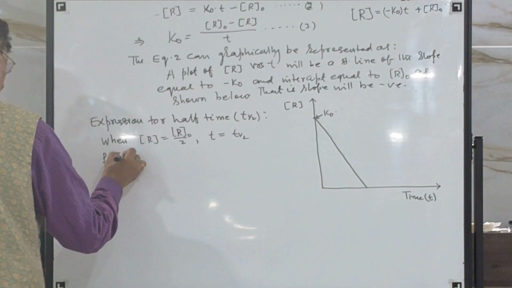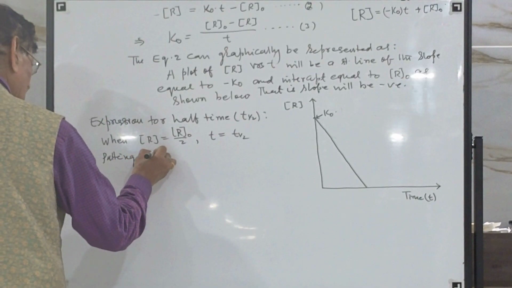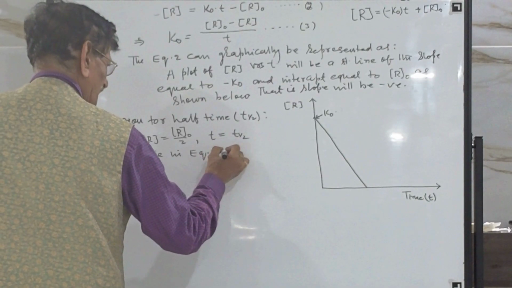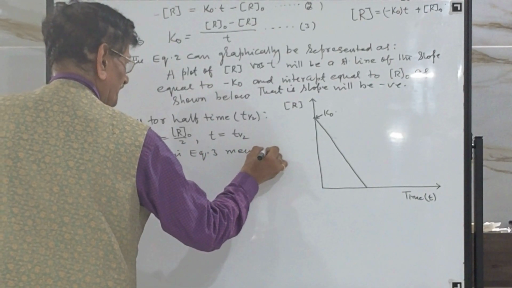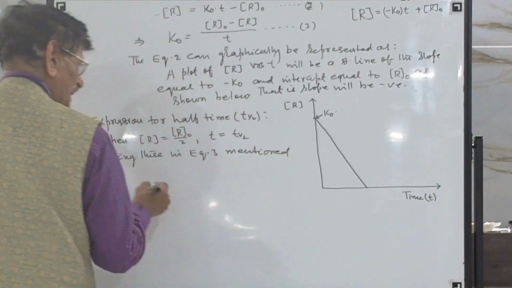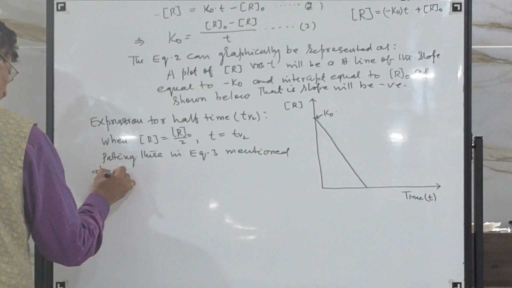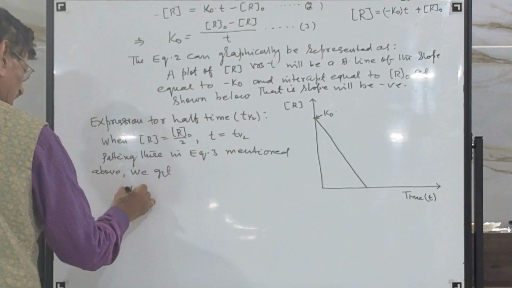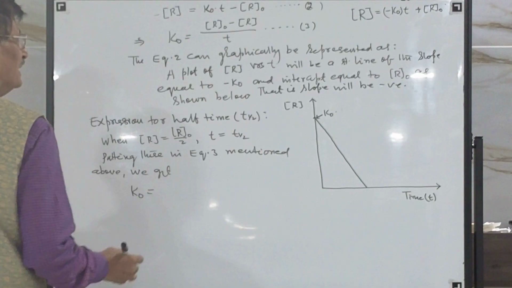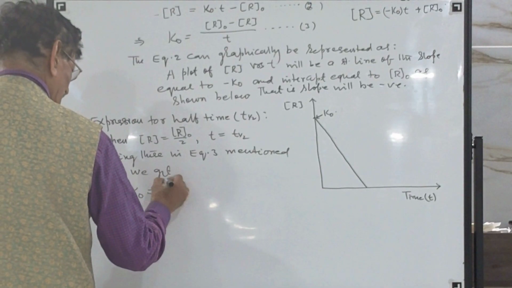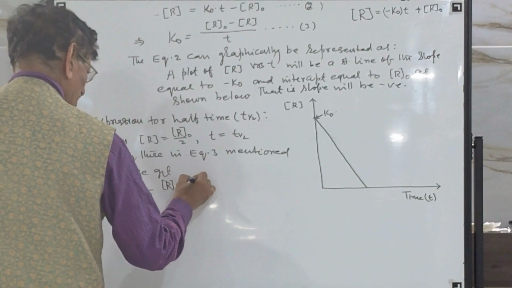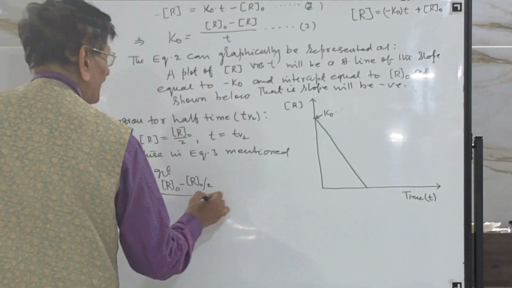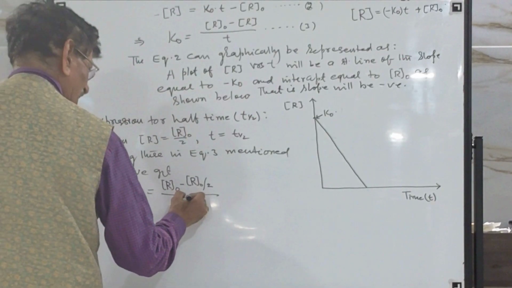Putting this in equation 3 mentioned above, we get K naught equal to R naught minus R naught by 2, divided by T half.